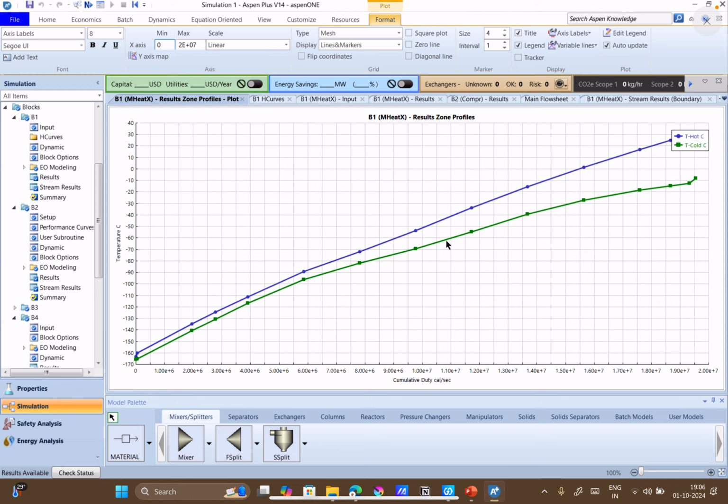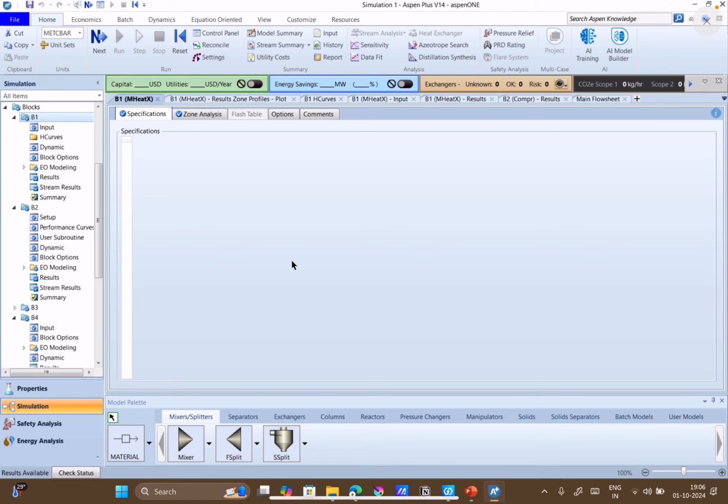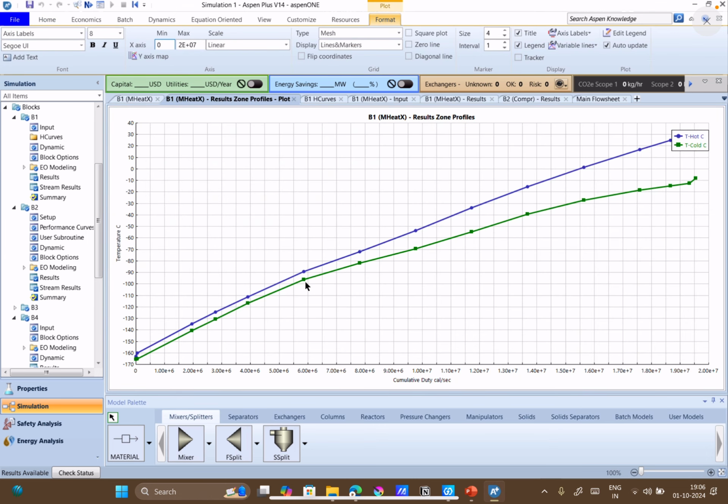So when you try this example on your own, try to see what temperature values you can put in without getting any error. So we have selected outlet temperature of S5 as minus 160. Try minus 155, minus 162 and see whether you are crossing this zone profile or not. Once you see that, you will be able to compare it.